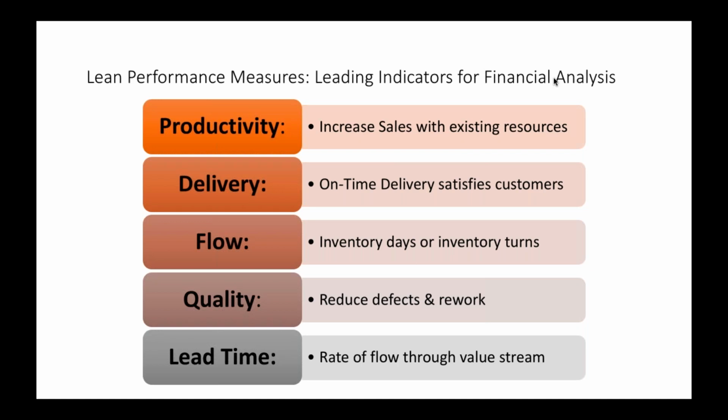So we have our 5 general areas of performance measurements: improving productivity, improving delivery, improving flow, improving quality, and improving lead time. What I want to do is spend a little time explaining how we connect a value stream income statement to these measures.